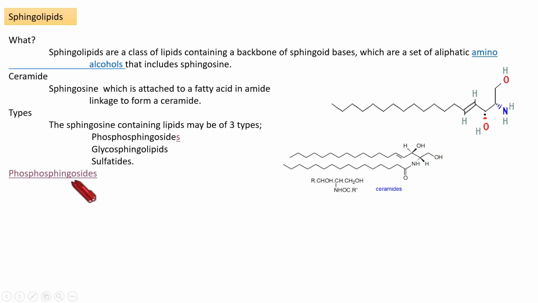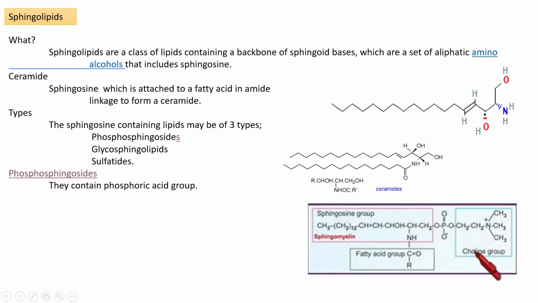First, the phosphosphingosides. They contain phosphoric acid here, then sphingosine, then one fatty acid. We have just learned that sphingosine with the fatty acid forms ceramide. So along with the ceramide, one phosphoric acid group is there and a choline group. So that forms the phosphosphingoside.